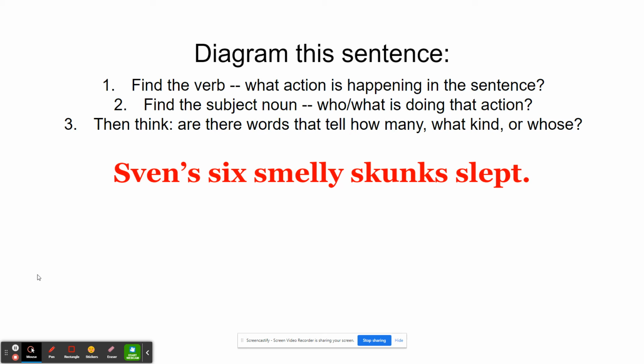It goes under what? Skunks. Good. So Sven's 6 smelly skunks, everyone.